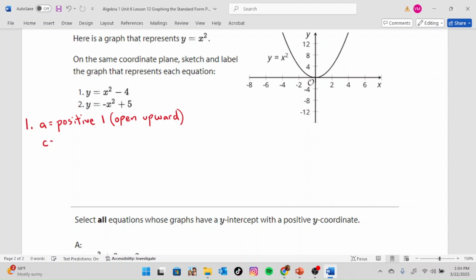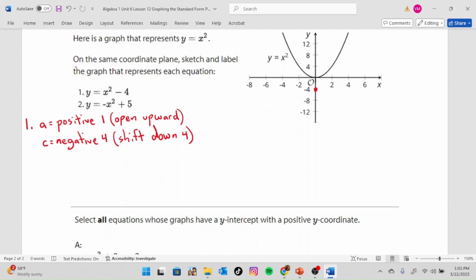The c term here is a negative 4, and this means we're going to shift down 4. So I can take my vertex from the origin and move it down to negative 4.